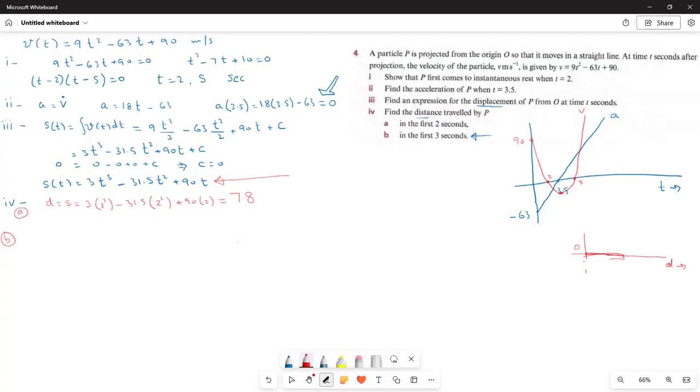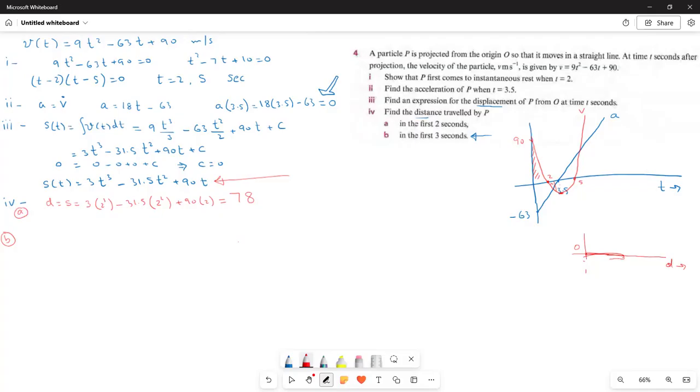If I use this expression and find the displacement, let's say this is 3.5, so 3 is somewhere here. It will give me the net displacement, meaning this minus this. Whereas the answer is the distance, or this area plus this area.